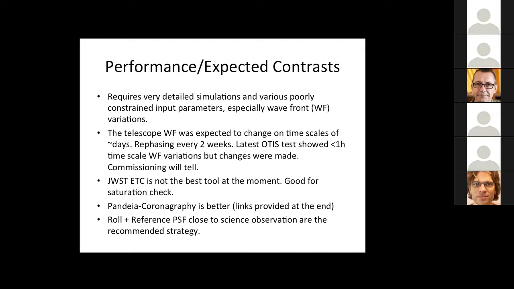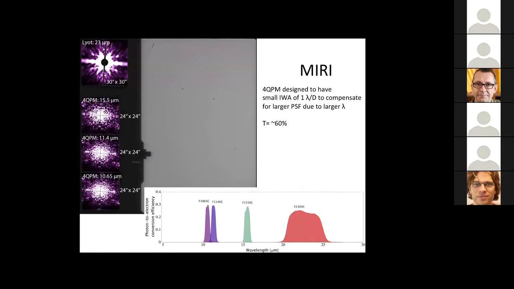The observing strategy calls for a roll on your target, plus the observation of a reference star close in time to the science observation. So let's start with one of the 3 instrument descriptions, MIRI.